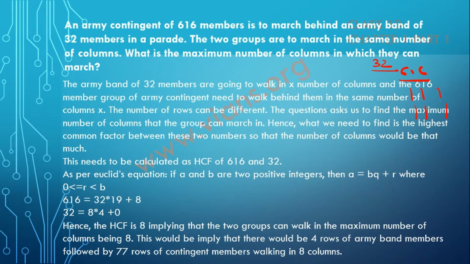We need to calculate the HCF of 616 and 32. How are we going to do that? We're going to say 616 is equal to 32 into Q plus R. Now let's do a long division. 32 2s are 64, so can't go that way.